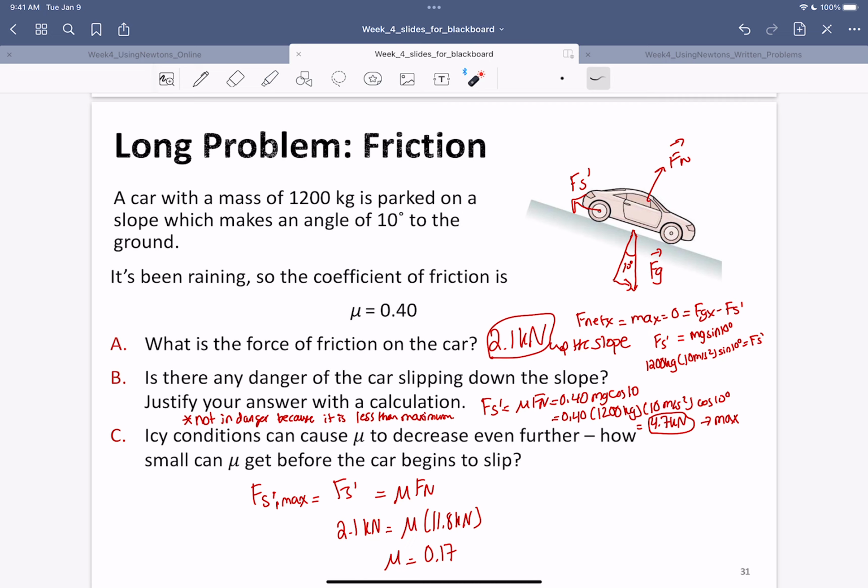And the normal force that you would use is the normal force that we calculated with the FGY part. So they're just asking you to use part A to figure out what the minimum mu value would be, assuming everything else stays the same. But yeah, that's the friction stuff. Yeah, go ahead.